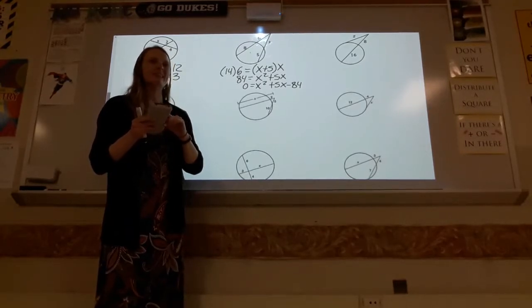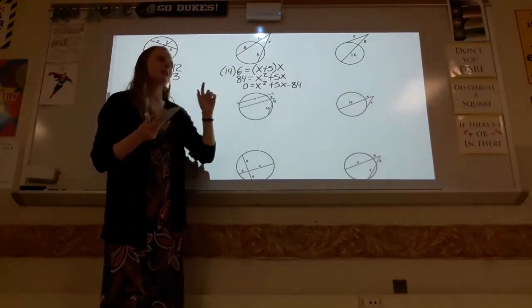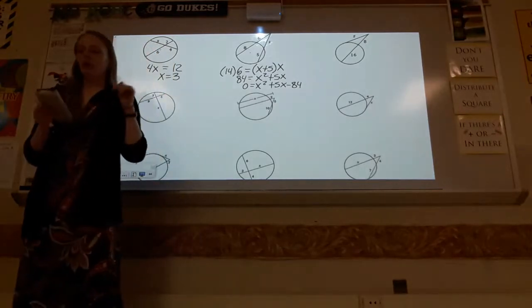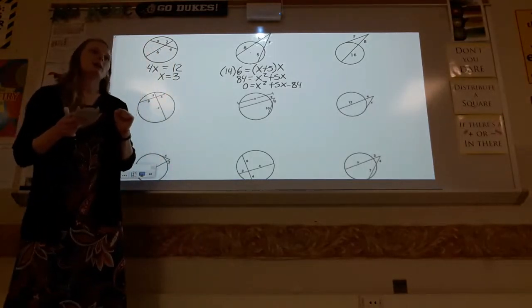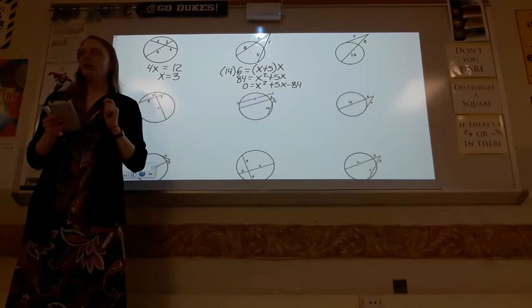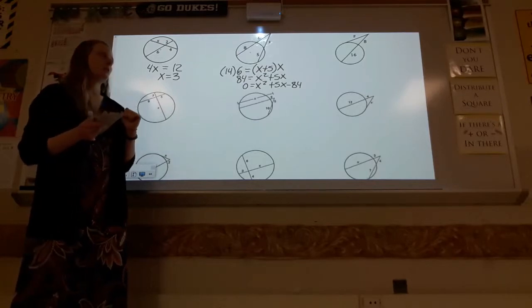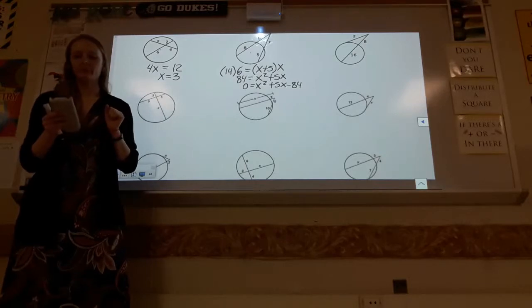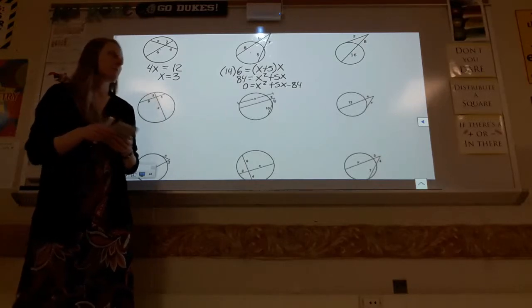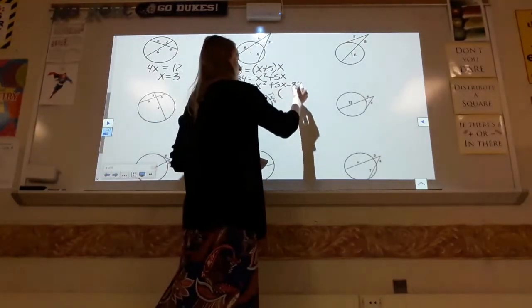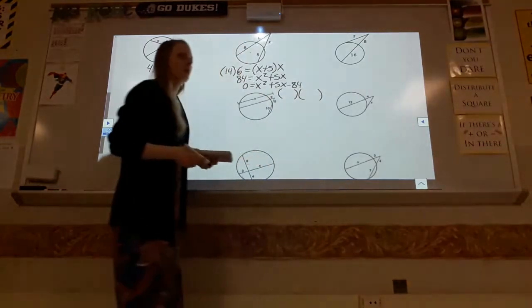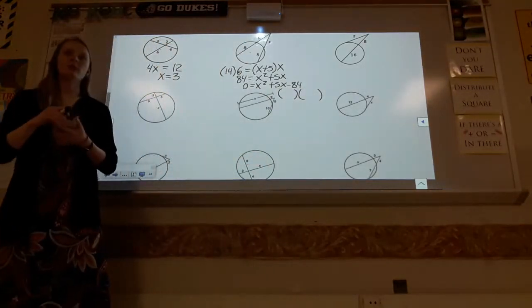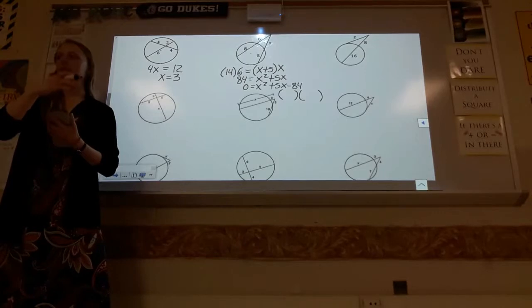Now you're going to hit second graph. Second graph gives you a table of values. All the numbers that you see, the x and the y, are numbers that multiply to get negative 84. You're going to scroll through until you find the ones that add to get 5. You only want to find the whole numbers that add to get 5, please.